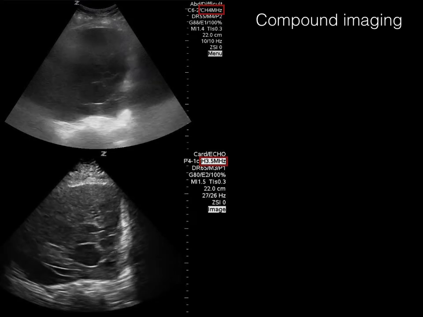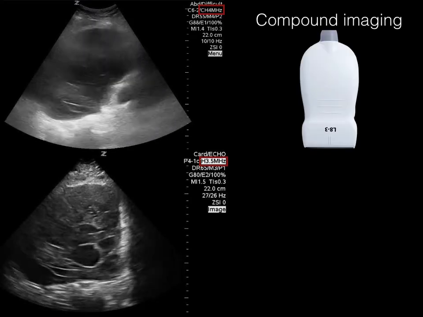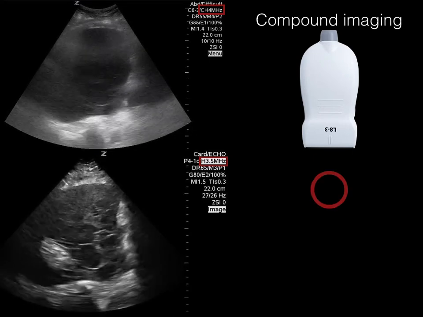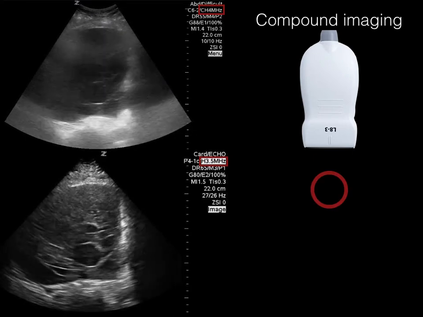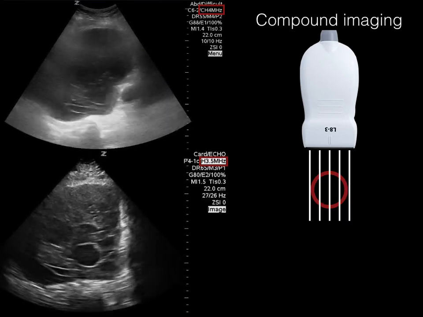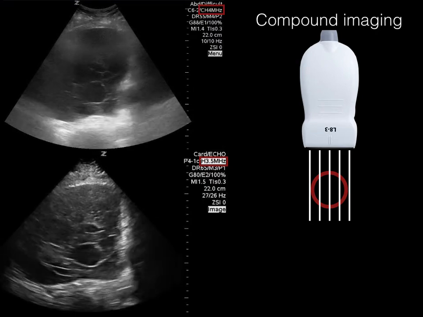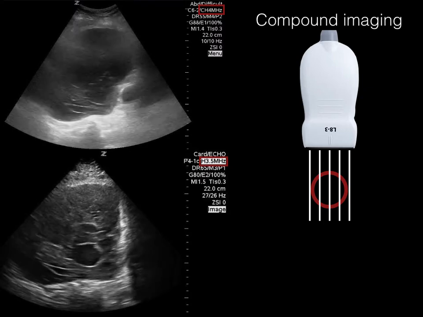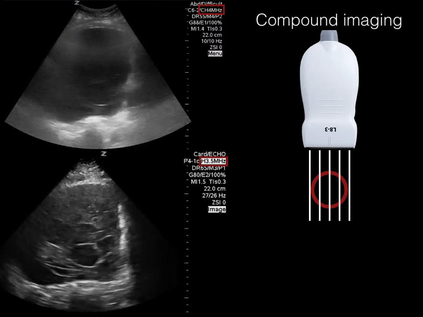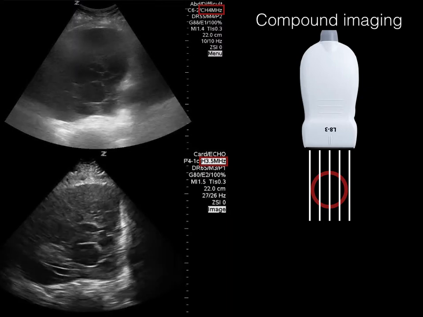That's hard to conceptualize, so just have a look here. So you have your ultrasound probe, you're trying to look at this vessel, and if you don't have compound imaging on, these are the ultrasound beams that are coming out. They're going straight down and then they're bouncing straight back up if they're not hitting anything to send them off to the side. And you'll get an idea of what that structure looks like.